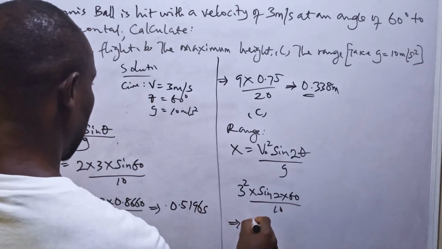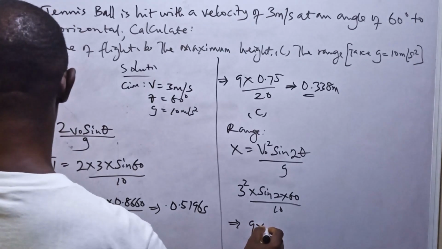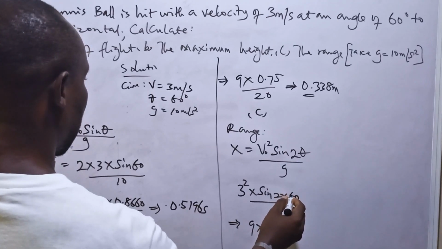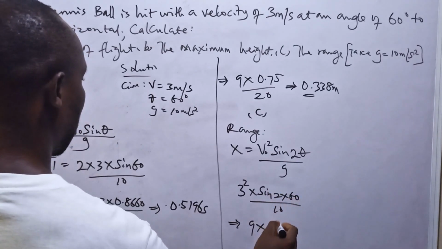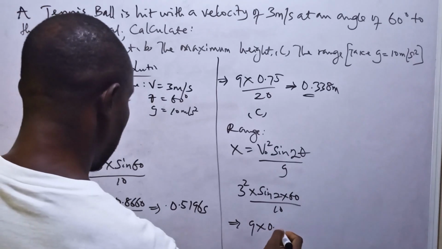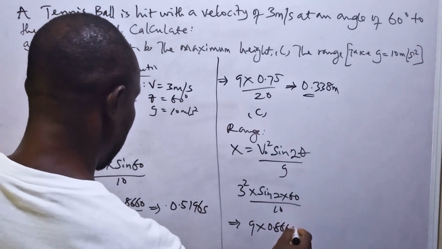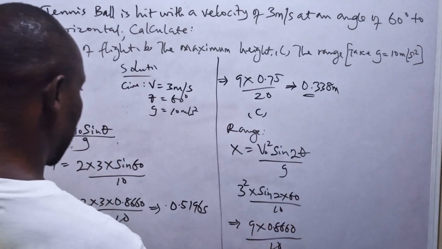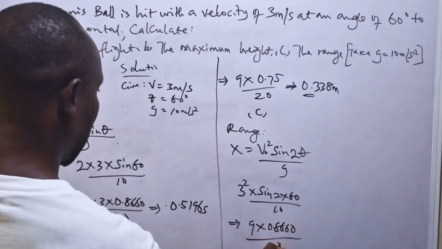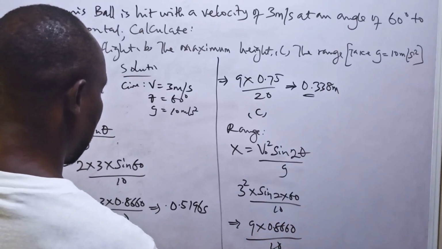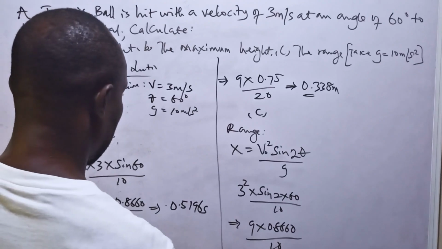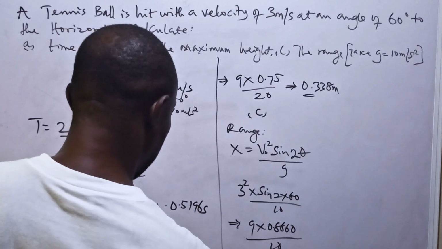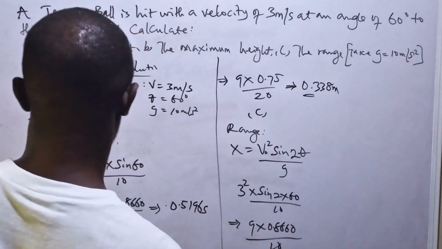This is equal to 9 times sine of 2 times 60, which is 120. Sine 120 is 0.8660, over 10. If you multiply this together and divide by 10, range here will be equal to 0.78 meters.